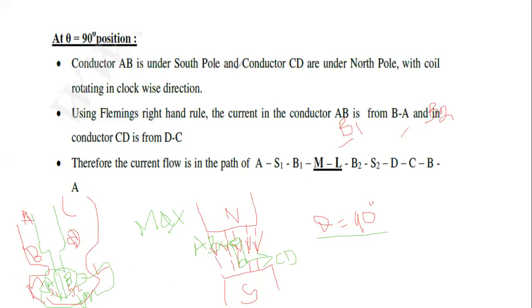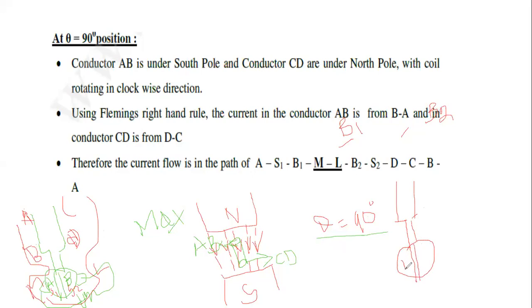When the slip rings are rotated, the positions of these two conductors A, B and also C, D are changed. This is the first position and the next is the second position. By using the split rings, both the commutator and the conductor are rotated.